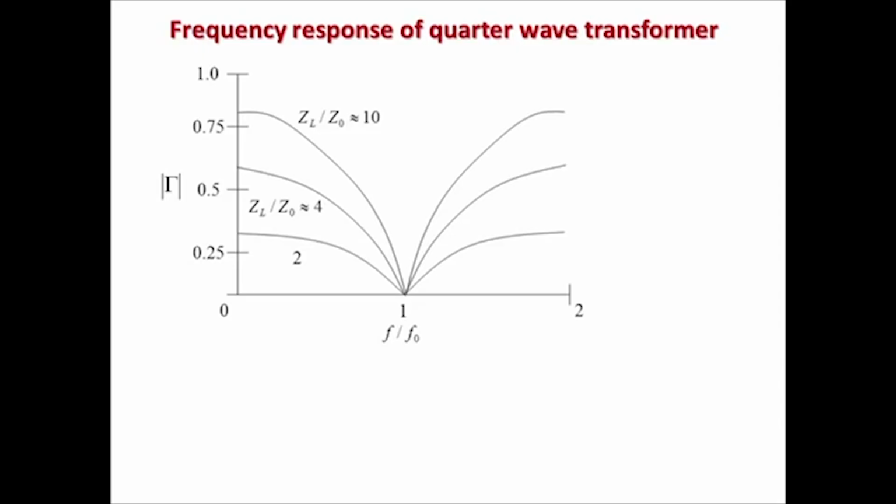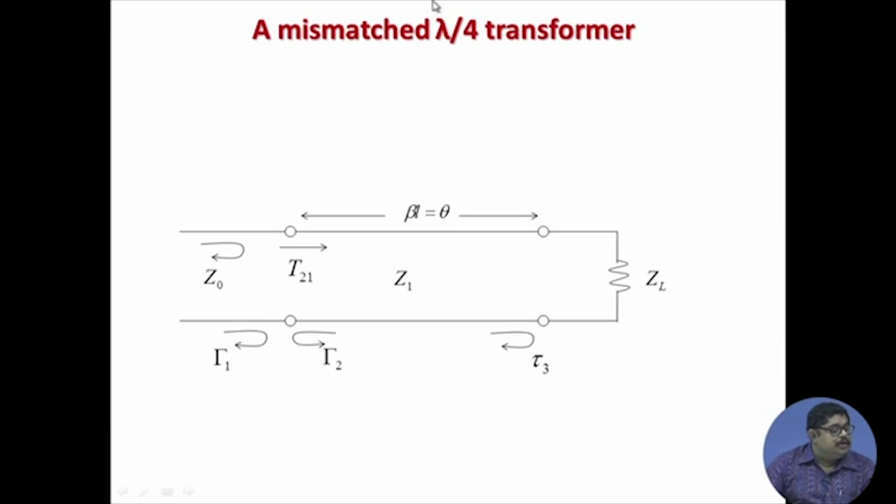So, that is the idea, and that is why we see the same mismatched transformer. The wave first comes, then sees a mismatch here.